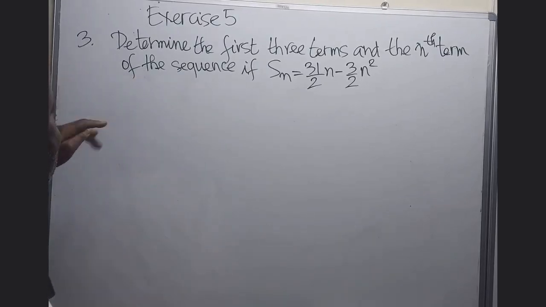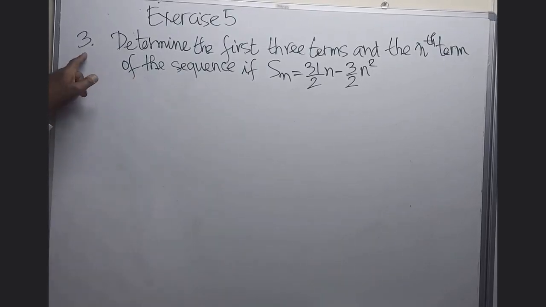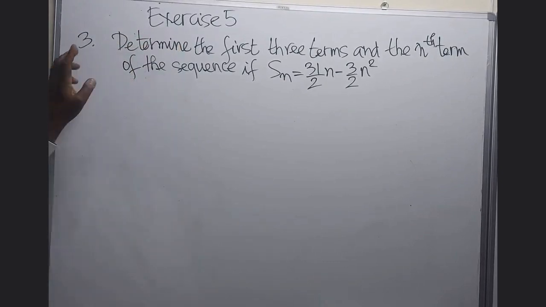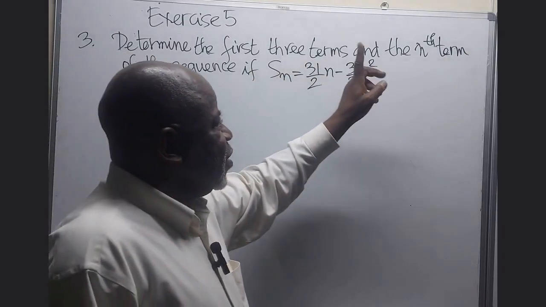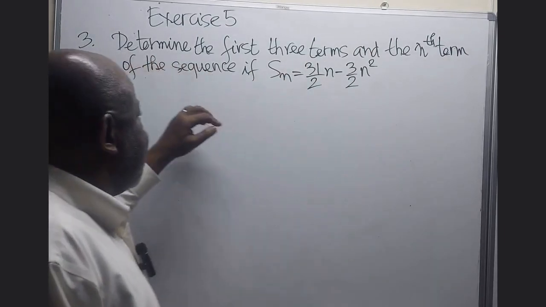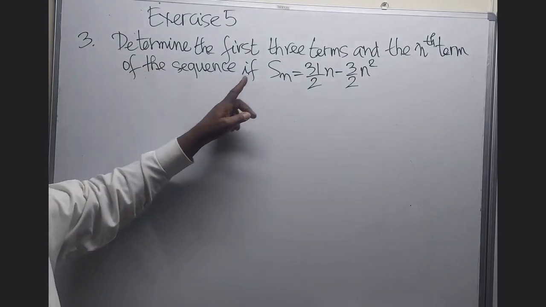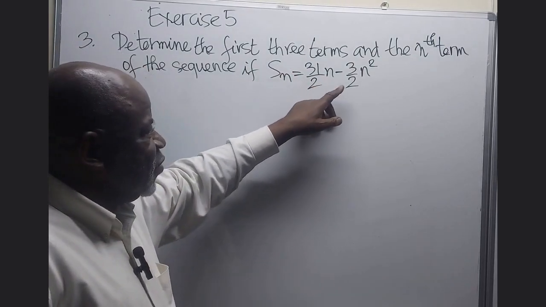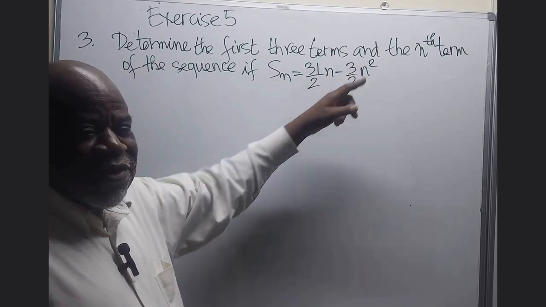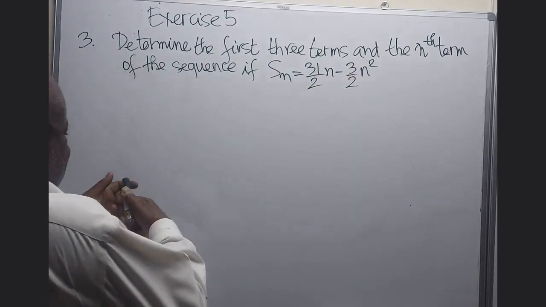Okay. So here's number 3. Exercise 5.3. Determine the first 3 terms and the nth term of the sequence if Sn is equal to 31 over 2n minus 3 over 2n squared. Solution.